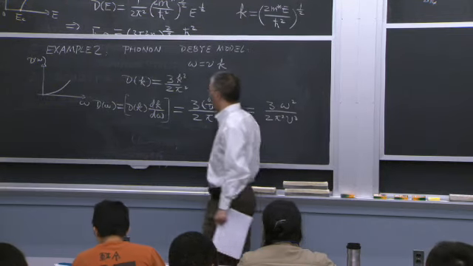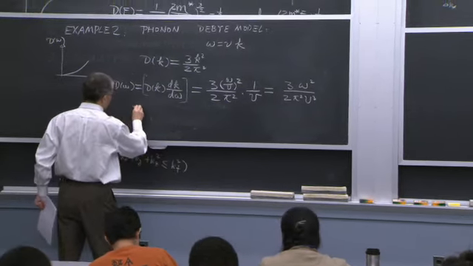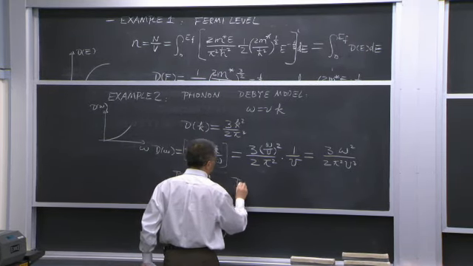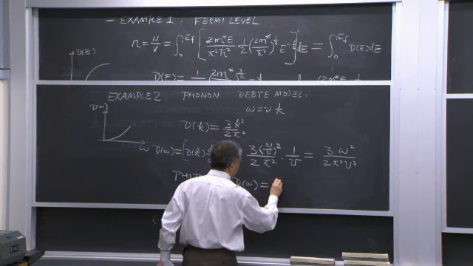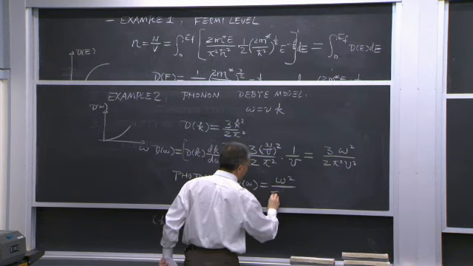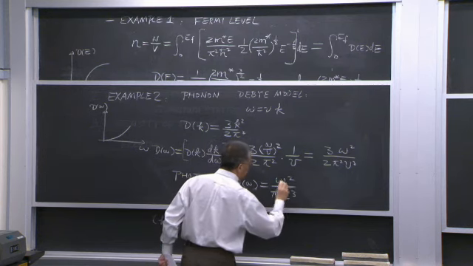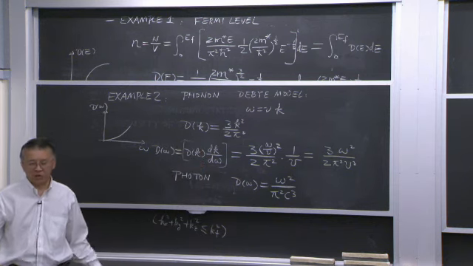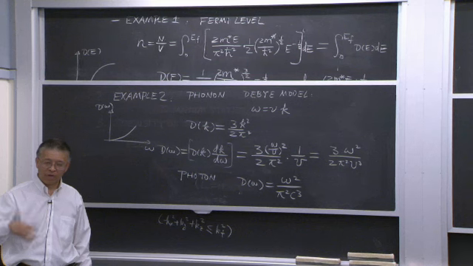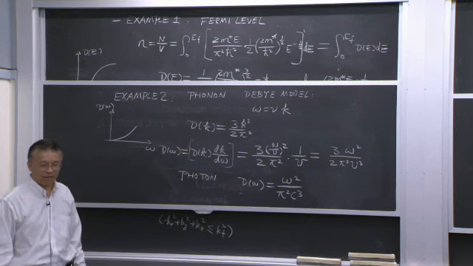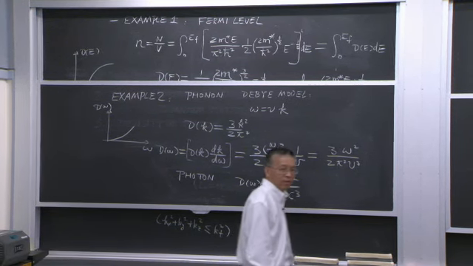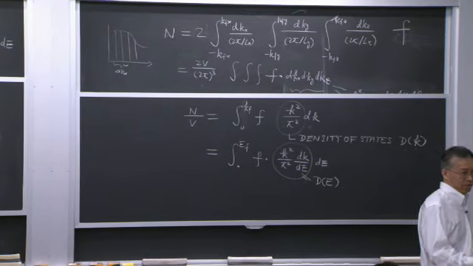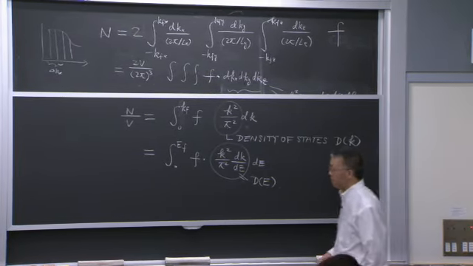So for photon, the density of states in terms of frequency is just omega squared over pi squared c cubed. The best way is to sit there and write through all this, getting yourself comfortable. It's mathematics, not much physics.